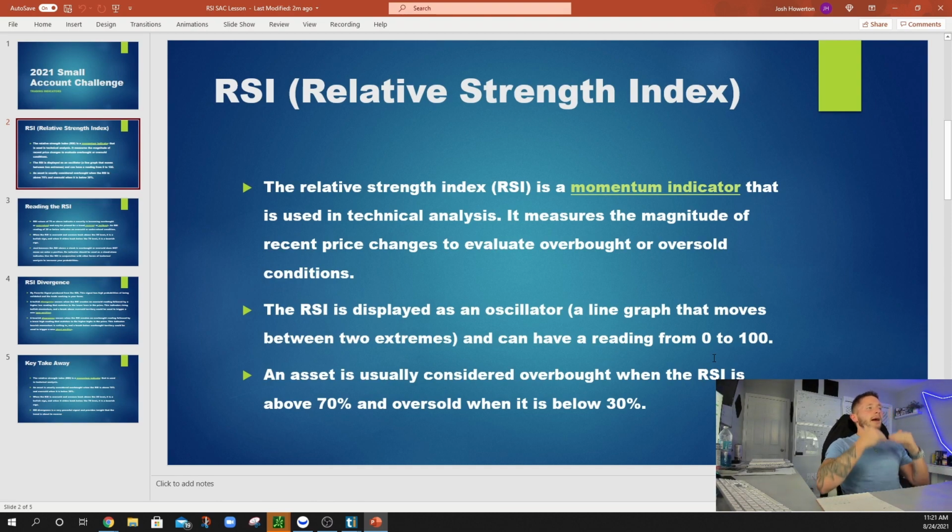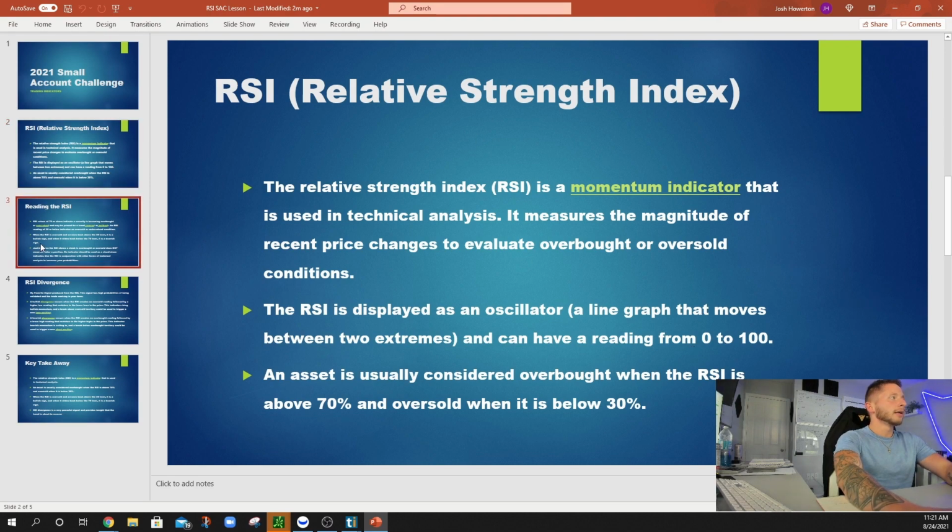Anything between 70 and 100 is considered overbought conditions, right? When it's between 0 and 30, that's considered oversold conditions, okay? And it's a momentum indicator. It helps us identify momentum within the stock, all right? So that is the basic breakdown of an RSI.